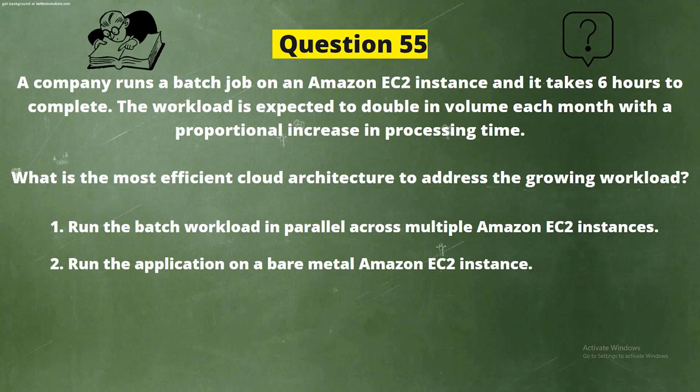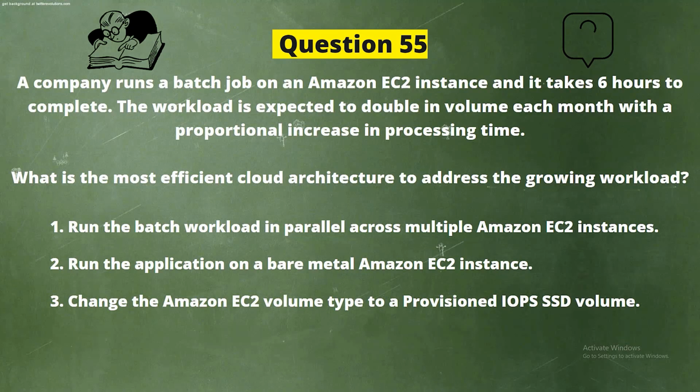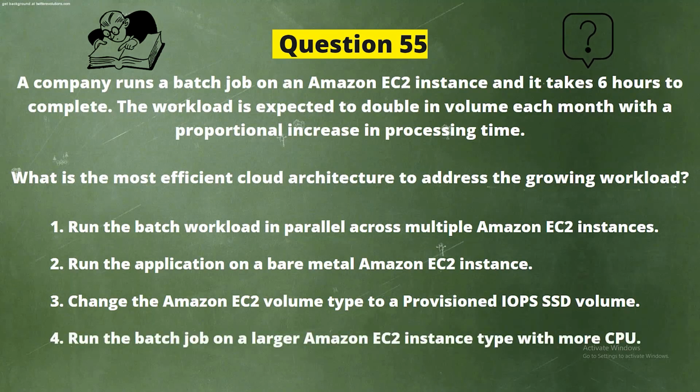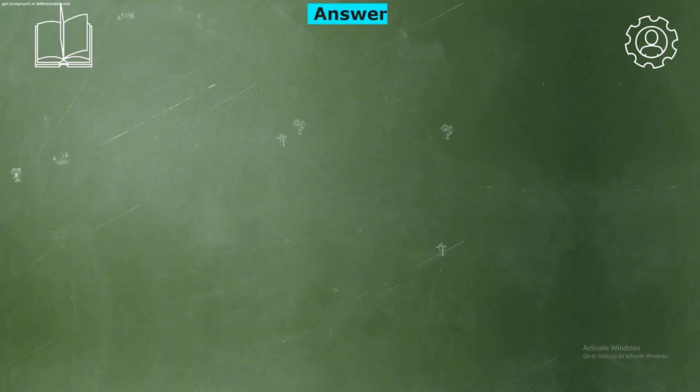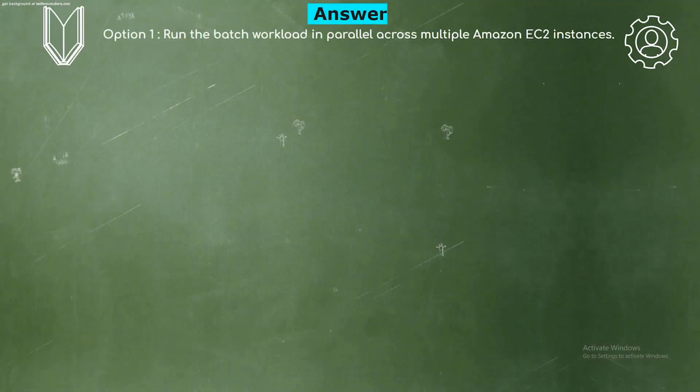Run the application on a bare metal Amazon EC2 instance. Option 3. Change the Amazon EC2 volume type to a provisioned IOPS SSD volume. Option 4. Run the batch job on a larger Amazon EC2 instance type with more CPU. And the correct answer is Option 1. Run the batch workload in parallel across multiple Amazon EC2 instances.